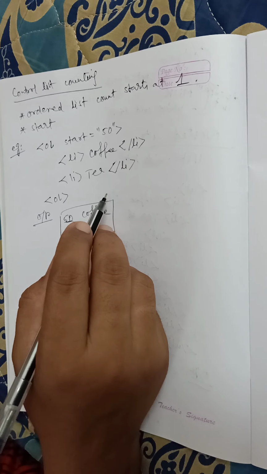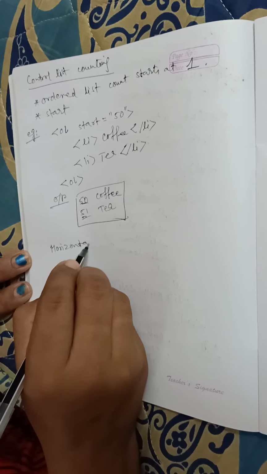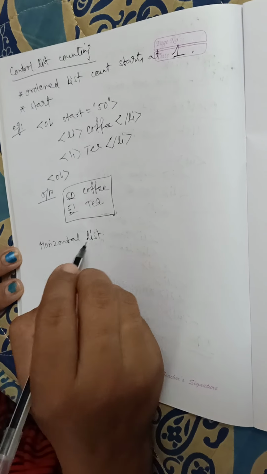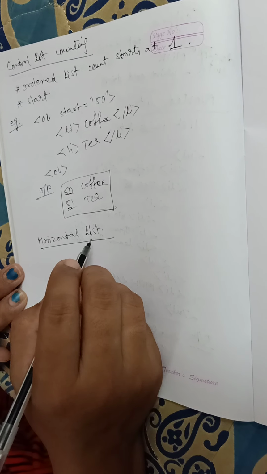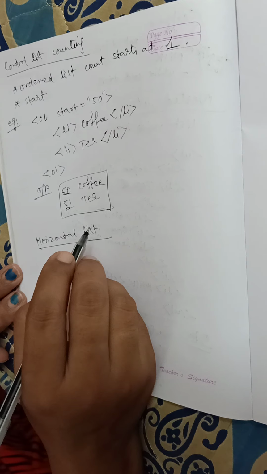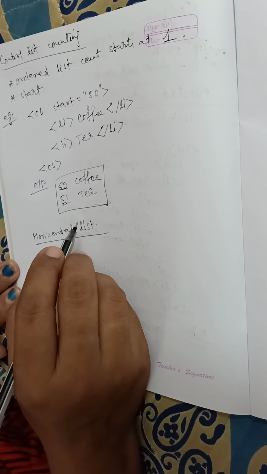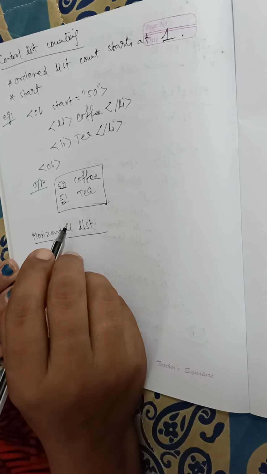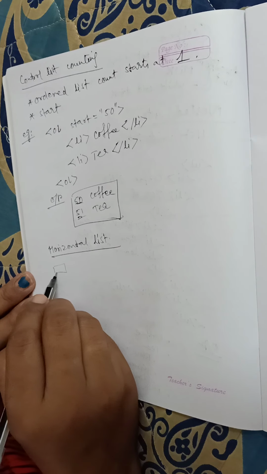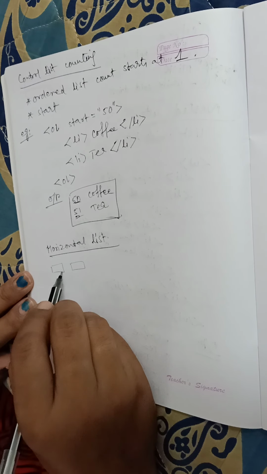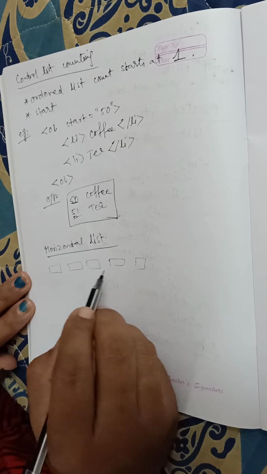Okay, now there is something known as a horizontal list. So HTML lists can be styled in many different ways with CSS. One of the popular ways is to style a list horizontally to create a navigation menu. In web browsers you must have seen we have main options, like here one option is there, then the next option is just beside it, then third, fourth, fifth.